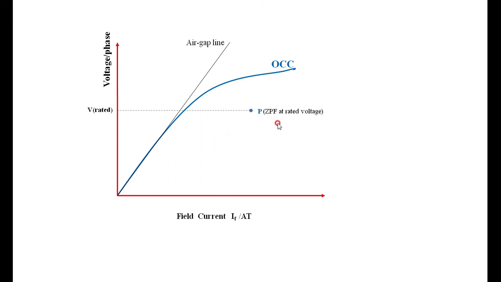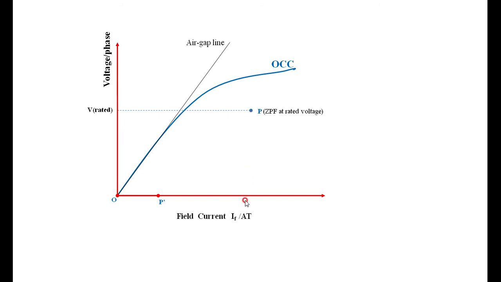Then the point P I am putting here. It corresponds to the rated voltage, and at the same time it has to deliver the rated current. What is the field current required? Accordingly I have marked this P. That is, P is marked corresponding to the rated voltage, and at the same time it has to deliver the rated current.